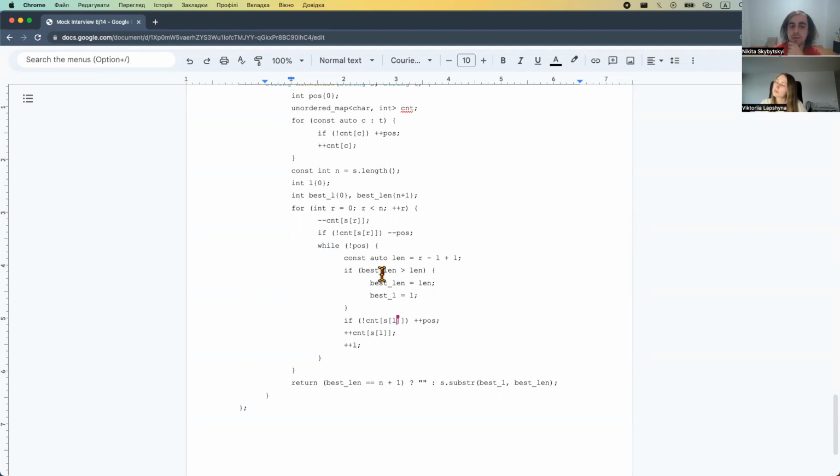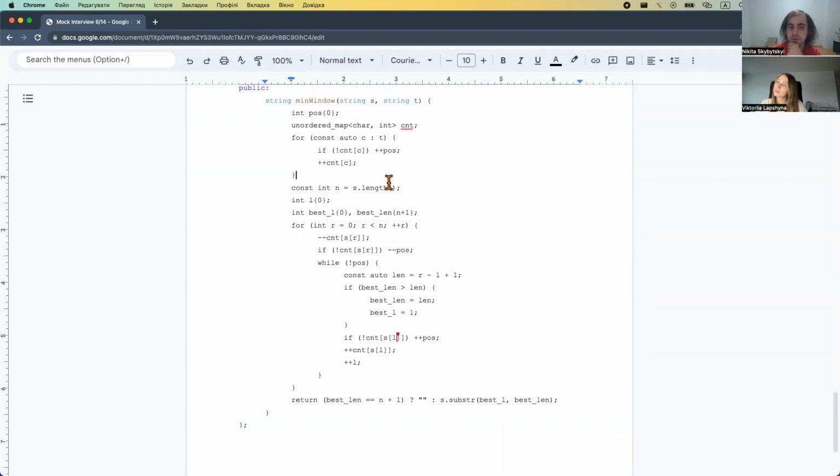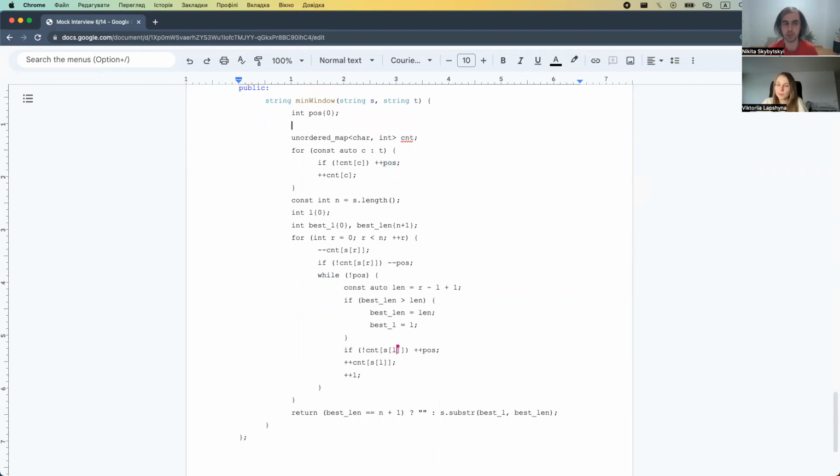No, yeah, I think it doesn't matter, because if a character is not in T, what we store in our map is the frequency in T minus the frequency in the substring of S, right?